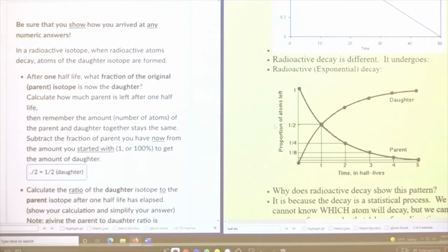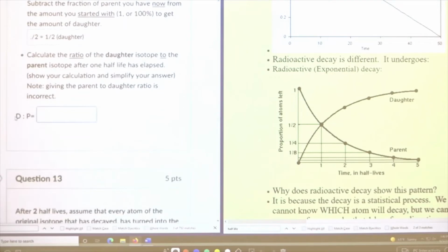Now this is a realistic example of what we often do in real radiometric dating. We may not know how much of the parent we started with, but we know how much of the parent we have now, and we know how much of the daughter is. And so by getting, as it says here, the daughter isotope to parent isotope ratio, we can figure out how many half-lives have elapsed. And we know that, as we see here, the parent is 1/2, the daughter is 1/2.